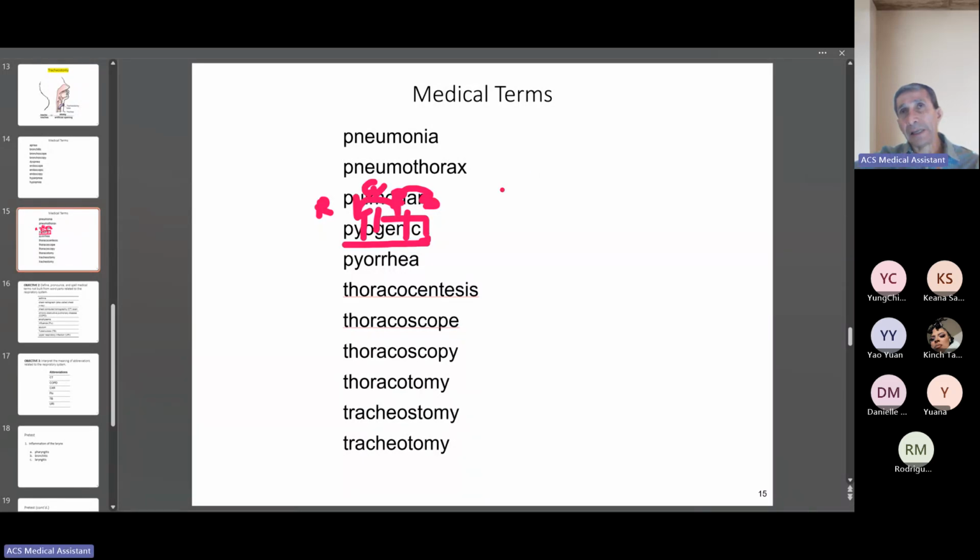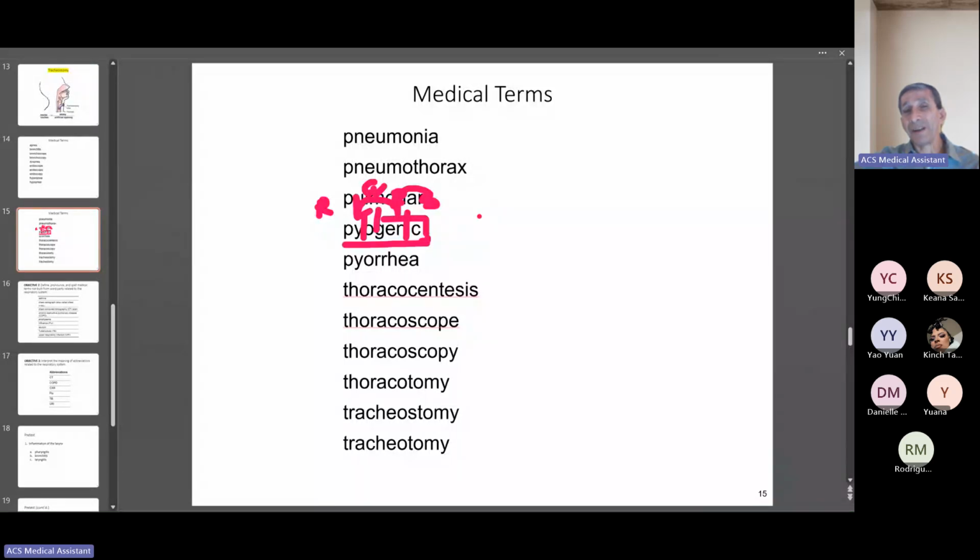So this is an issue that happens when pus is produced inside our body. It's a production, a generation of pus, that's it. Because pus is not a normal thing. It's not supposed to be there in our body. Pus is dead tissue, dead cells.